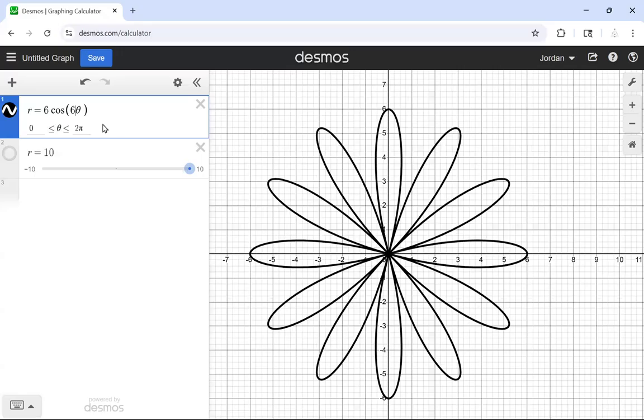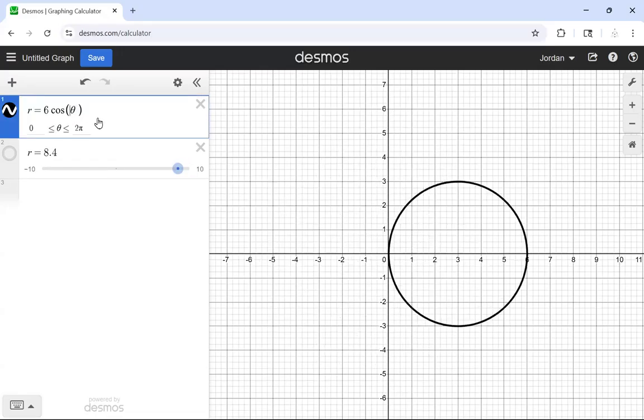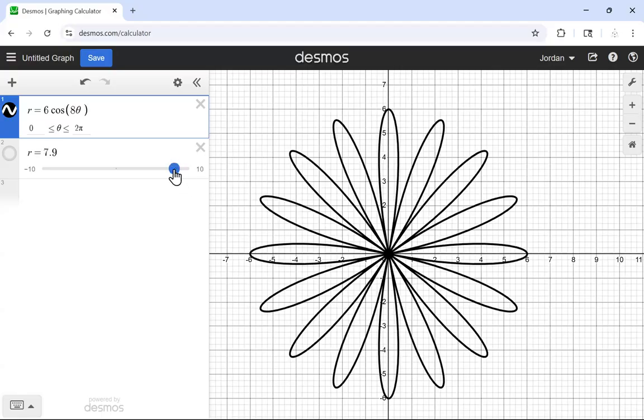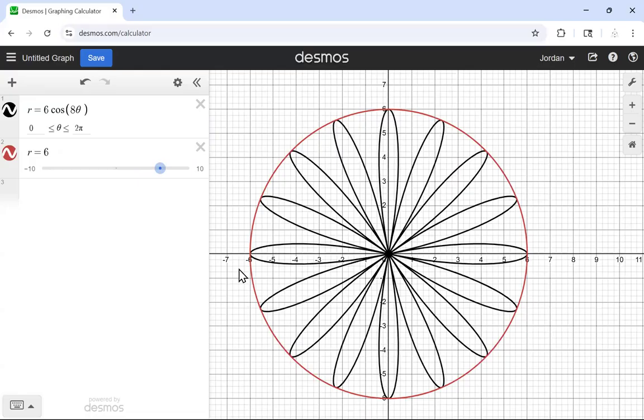If I put a 6, that would give me 12 petals. And let's do 8. That would give me 16 petals. Just like before, all 16 of those petals are within the circle of radius 6.